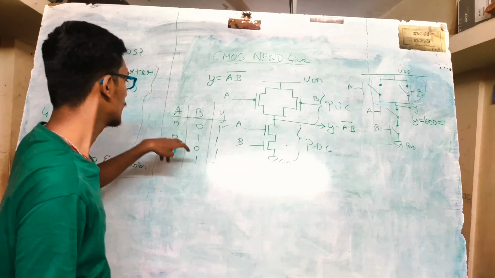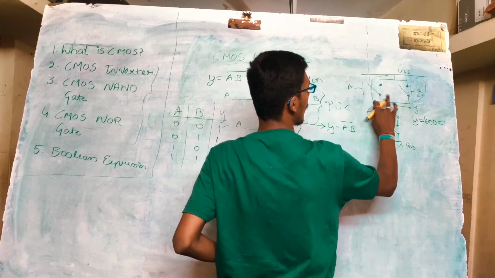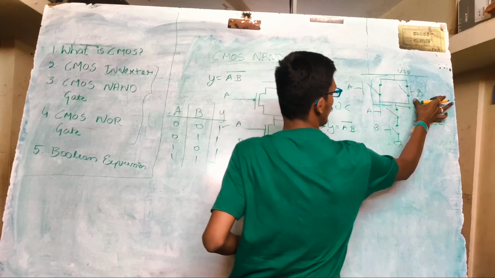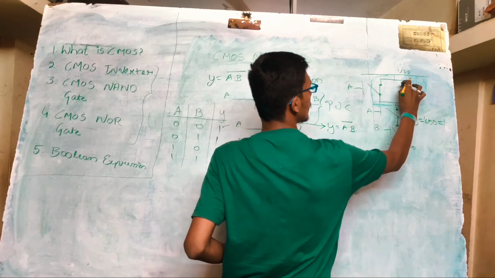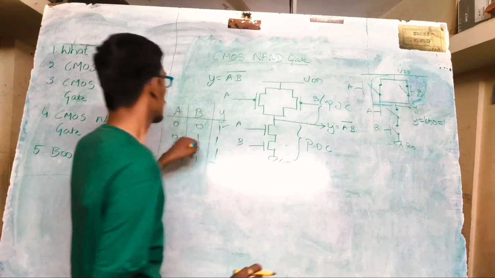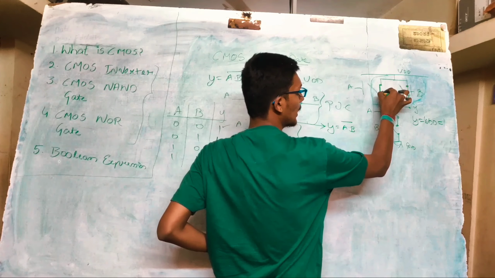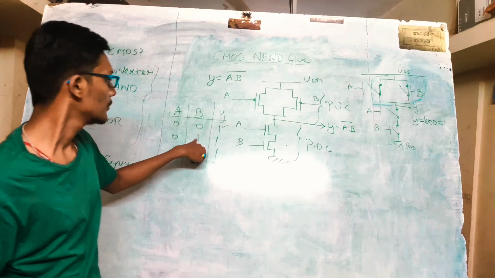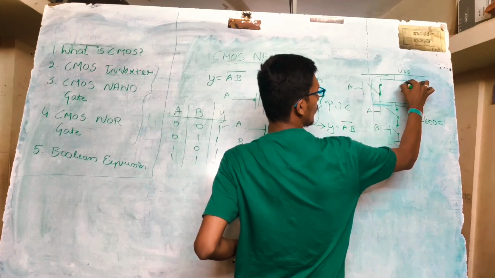So we'll see the second, 0 and 1. PMOSs will be on when 0, right? So A will be short circuited and B input is 1, so that PMOS will be open circuited.